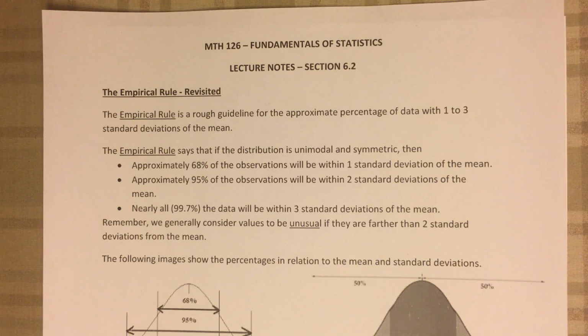Remember, about 68% of our observations are going to be within 1 standard deviation, about 95% within 2, and 99.7% within 3. And also remember that we use the word unusual to tell us if something was more than 2 standard deviations away from the mean.